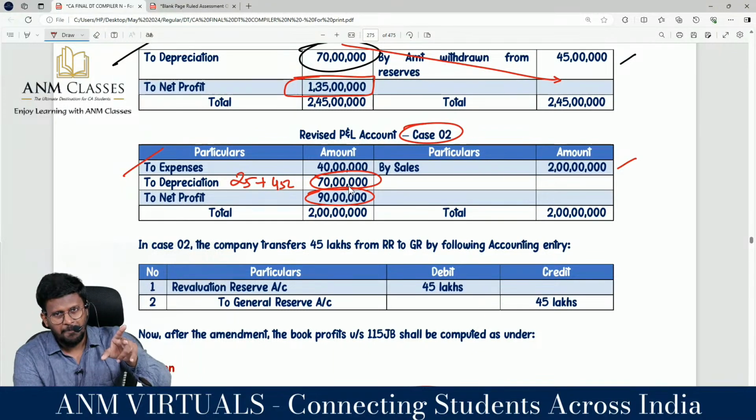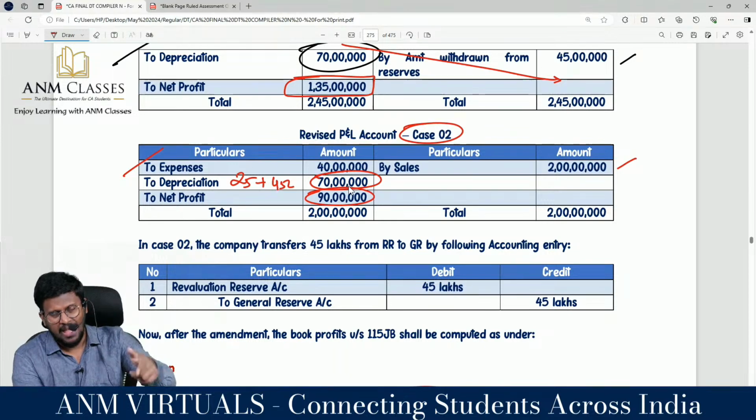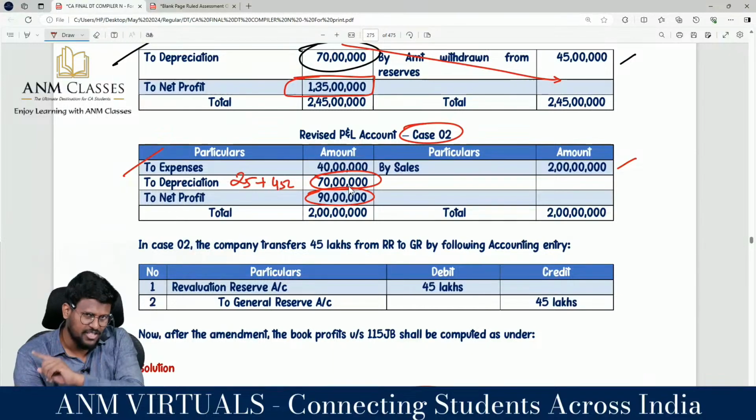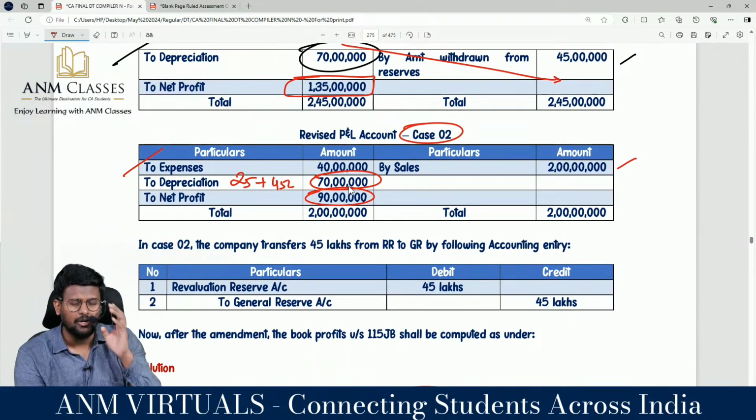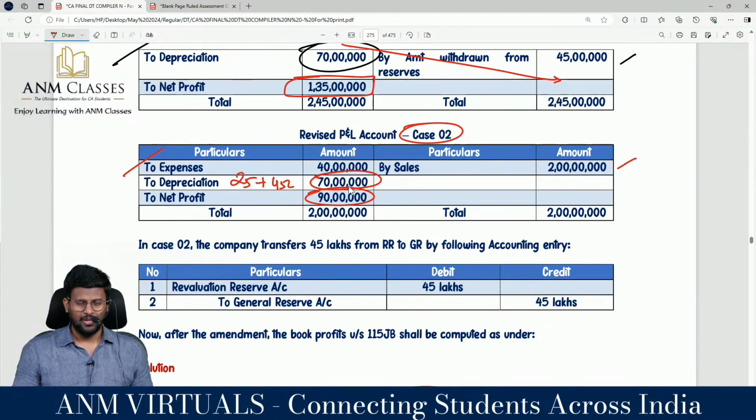That means by doing the revaluation process, they have increased the value of the asset. On that increased value, they calculated the depreciation, and that depreciation has been debited to P&L account. So there was an increase of depreciation, and the corresponding increase has not been withdrawn from the revaluation reserve. So, sir, are you saying that that amount is still staying in the revaluation reserve?